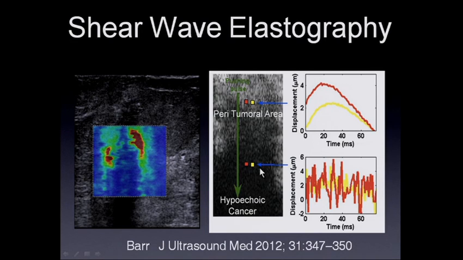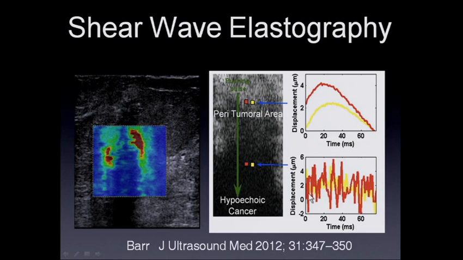However, if we look at what the shear waves look like within the tumor itself, we basically see there's a lot of displacement, but it's all noise. And the problem with us coding this as soft is that the algorithm is interpreting this noise as a slow shear wave speed.